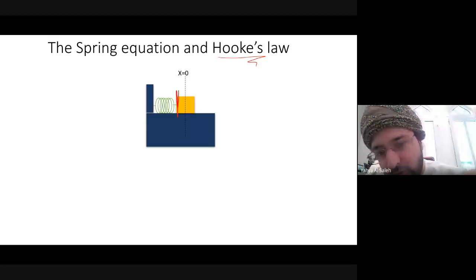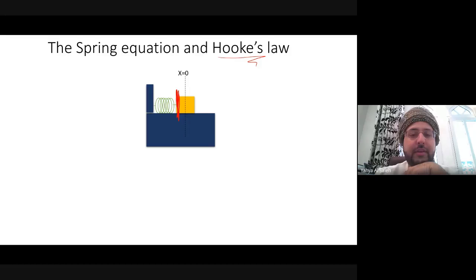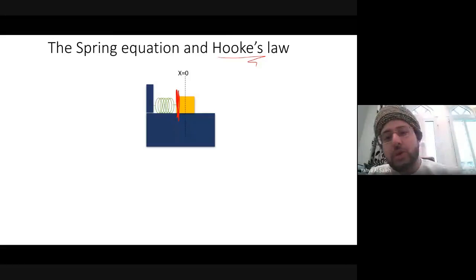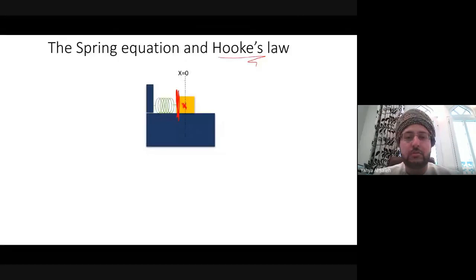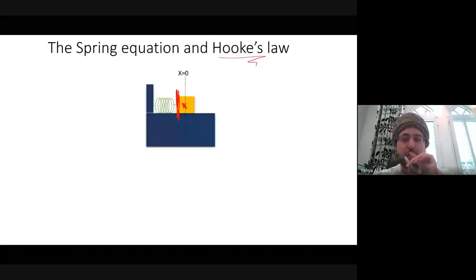The spring is always going to end up here when you're doing nothing to it. If you have a block attached to it, and I have it horizontally, not vertically, on purpose, so that there are no forces acting on it in the direction of motion, you can take the midpoint of the block to be x equals 0. The reason I choose this to be horizontal, not vertical, is because this x equals 0 is not particularly correct always when it's vertical.